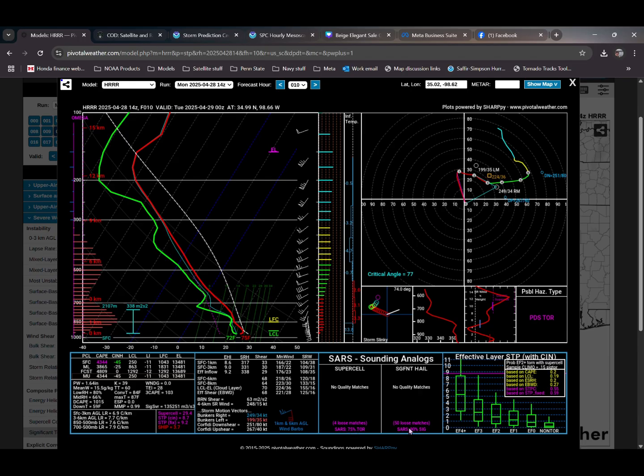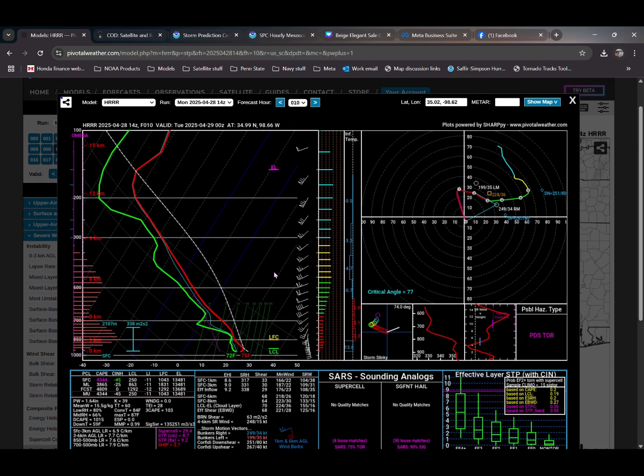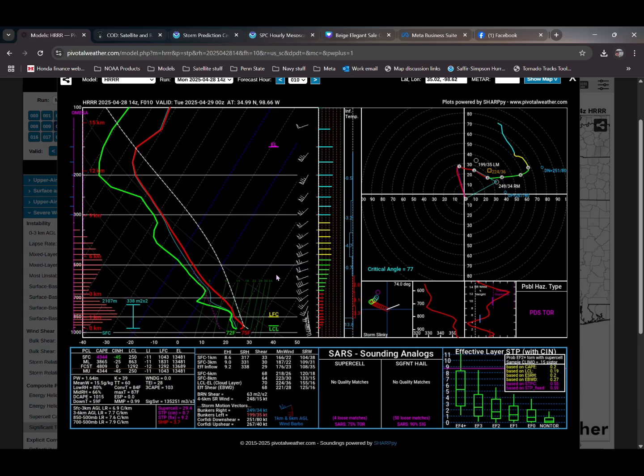However, there are still quite a bit of significant hail loose matches, as well as four loose matches for a tornado to occur. So a setup has happened kind of like this before, and that helped me with a good tendency of what could actually happen.